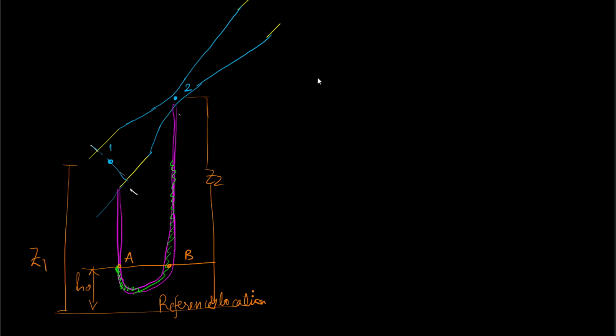So equating PA and PB under static conditions, we can write P1 plus rho G. Now this entire section is filled with the working fluid, whatever fluid is moving through the venturi. So this is simply rho, and this is going to be Z1 minus H naught, and this will be equal to PB. So PB is equal to P2 plus rho G times this height.